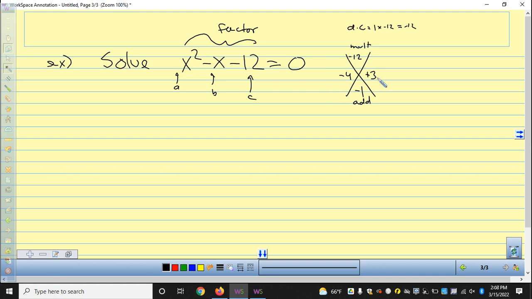Negative 4 times positive 3 is negative 12, and negative 4 plus 3 is negative 1. Now, since A is 1 here, I don't have to use the box. I can go straight to my parentheses, and I get x minus 4 times x plus 3 equals 0.